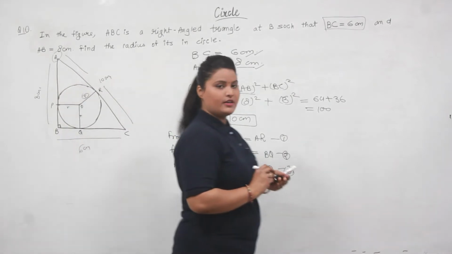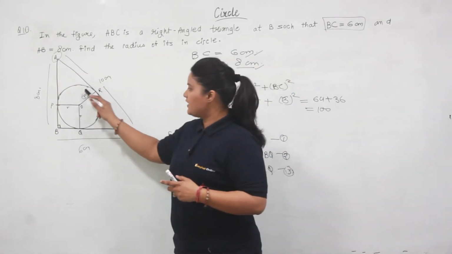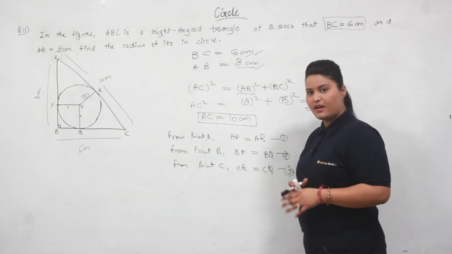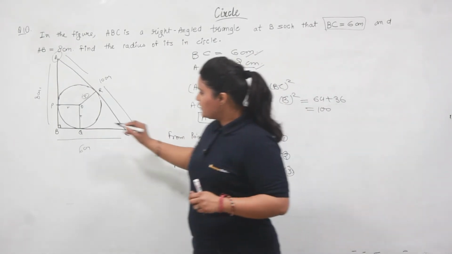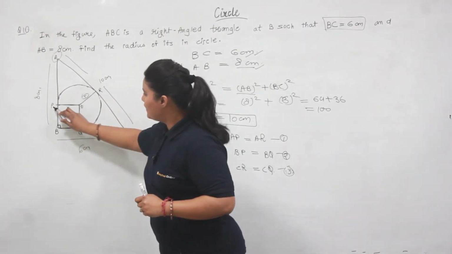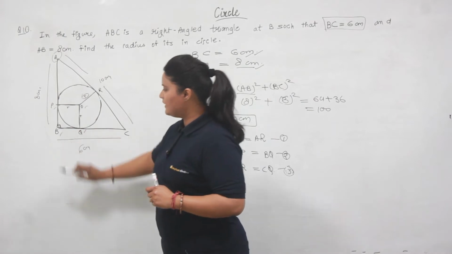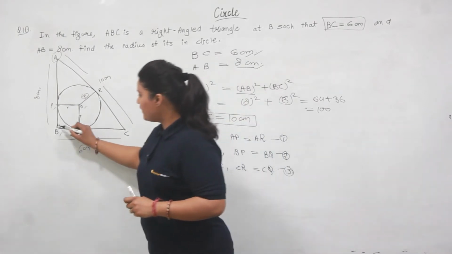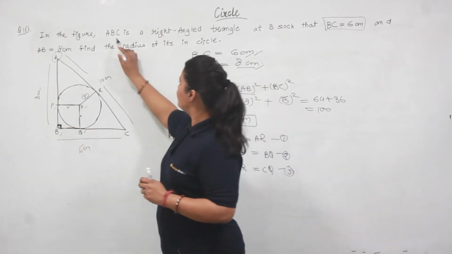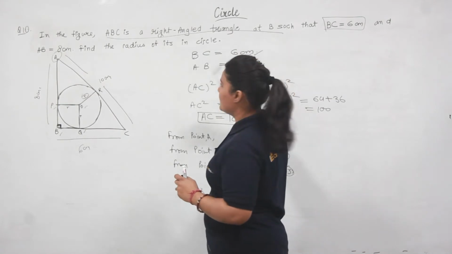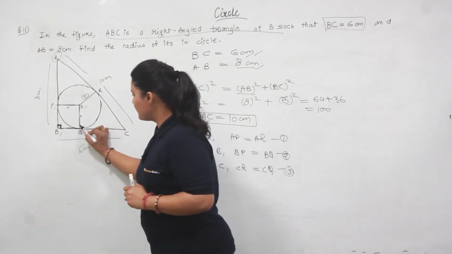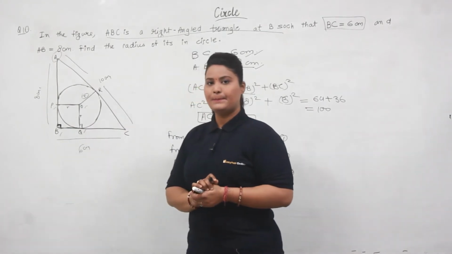Now what can I do? Again, we have to find R. Are these useful to us to find the value of R? How? Just look at this part. If I look at the quadrilateral POQB, it is given that this is a 90-degree angle, right? It is given that ABC is a right angle triangle at B. Since this is a tangent, it will also be a 90-degree angle.